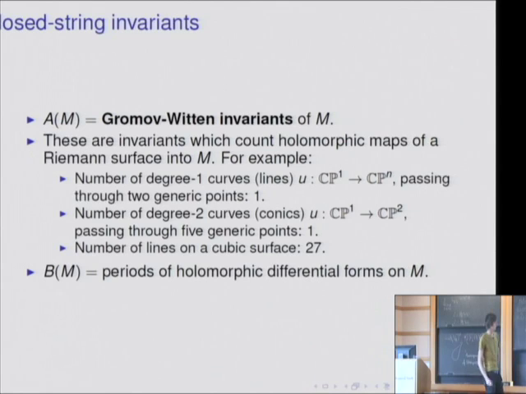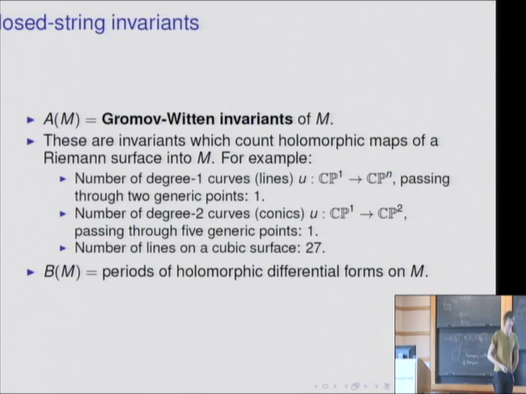These are invariants which count holomorphic maps of a Riemann surface into M. Some examples which everyone knows: the simplest non-trivial Gromov-Witten invariant is maybe the number of degree 1 curves through two generic points in projective space. That's one. The number of conics through 5 generic points in the projective plane is 1. The number of lines on a cubic surface is 27. These are some simple examples of what Gromov-Witten invariants are.